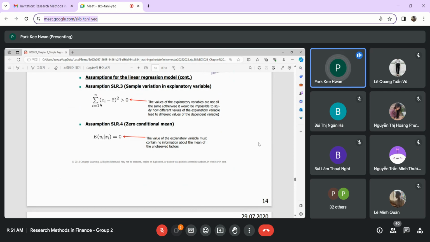It means that xi should vary around its mean. If x does not vary around its mean, in other words, x is constant.